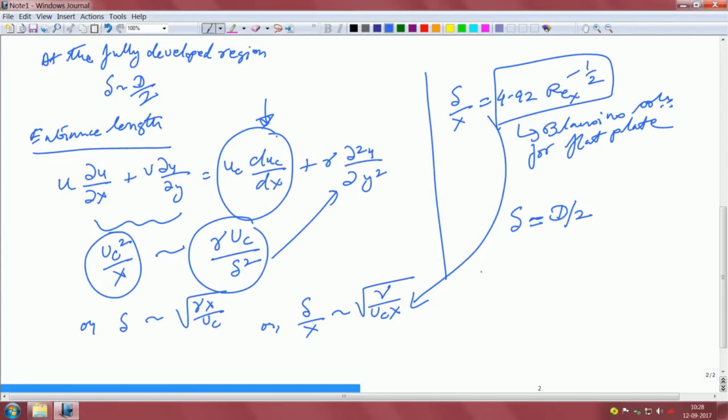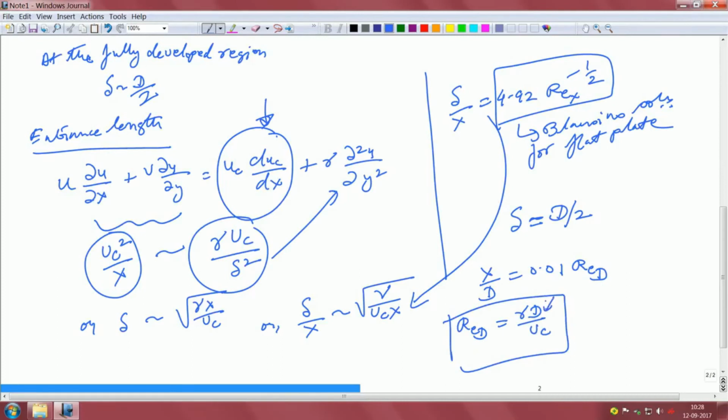So, combining these two equations, you will get x by d equal to 0.01 Reynolds number based on d, where Reynolds number with respect to d is Uc d by gamma. This is not the same as Reynolds number based on x. So, the length scale is just d instead of that. So, this gives you that your x, at the point where the two boundary layers actually join, is given as a function like this.